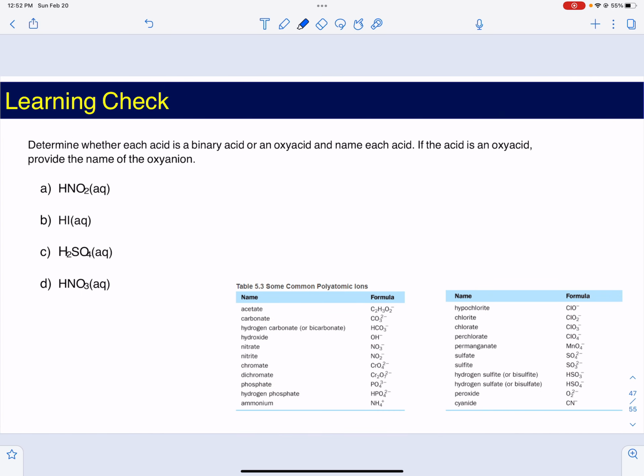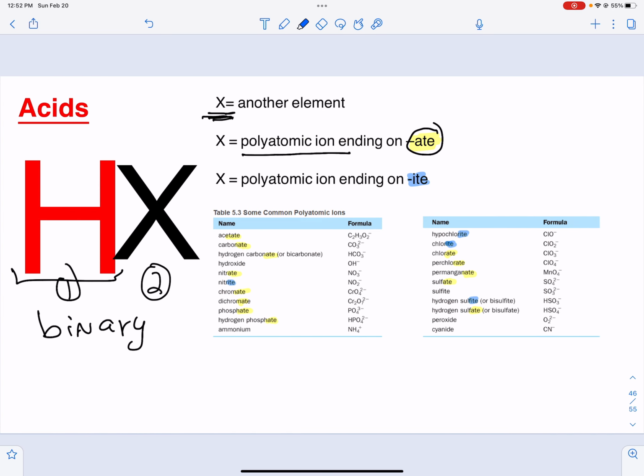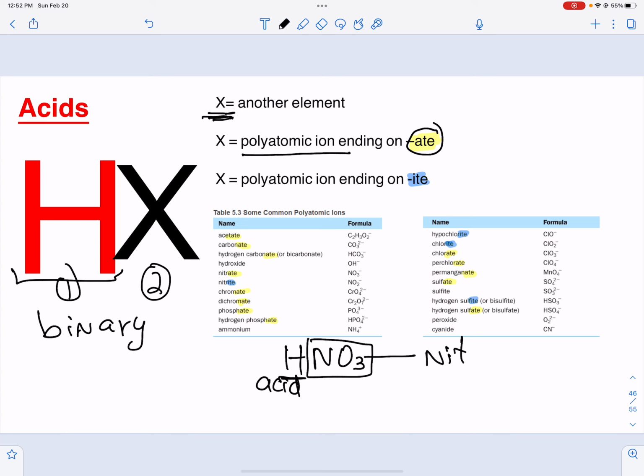And this is the way it's going to work. Let's say that you have something like this. HNO3. It's an acid because it begins with hydrogen. And then this is a polyatomic ion known as nitrate.